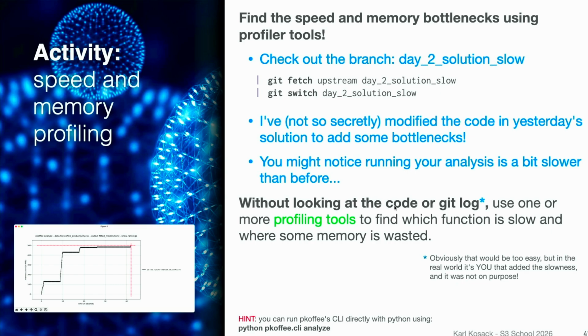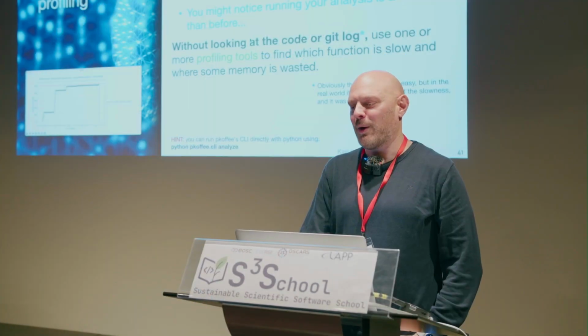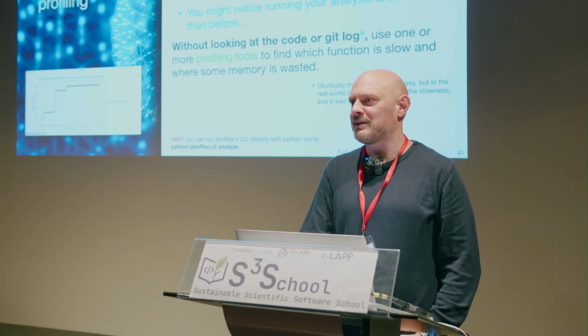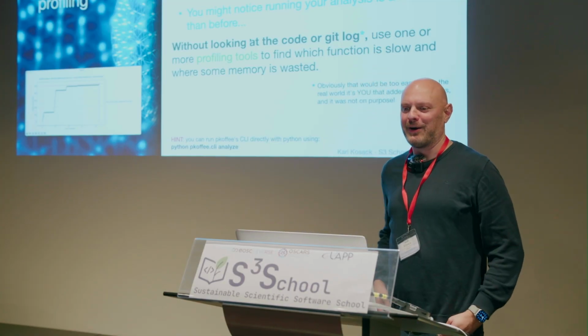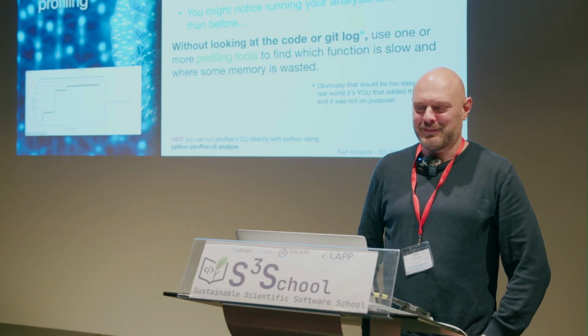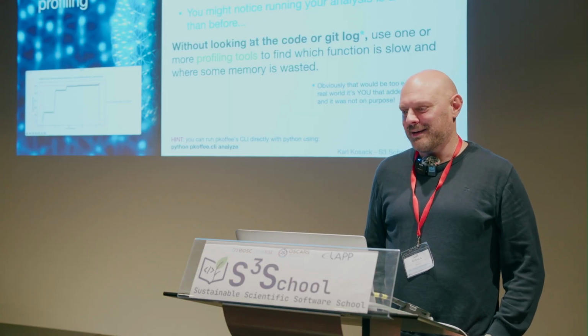But without looking at the code or the git log, try one of those profiling tools and see if you can find where I slowed down the code. You'll see that it's not wildly slow, but instead of running in a fraction of a second, it runs in like 5 or 6 seconds, and you can see if you can find out where I broke it. So that's a fun, maybe not fun, but a way you can try playing with this.